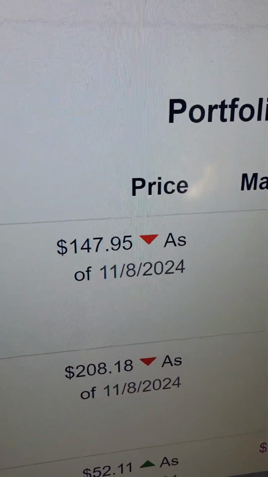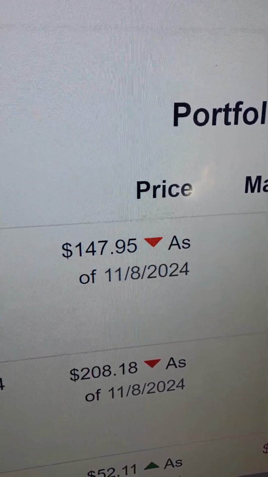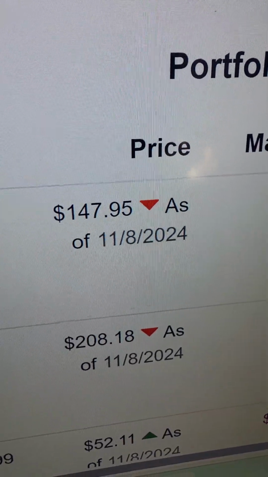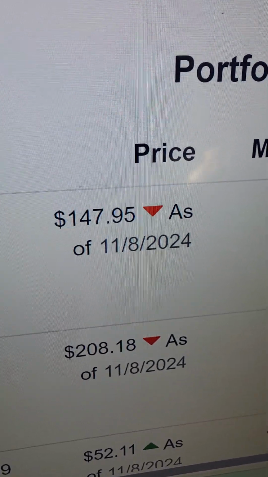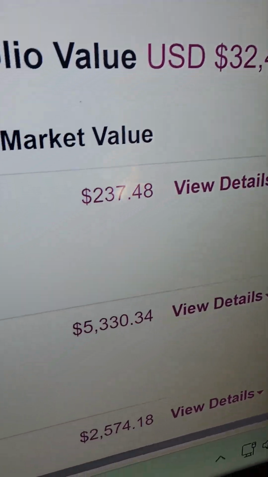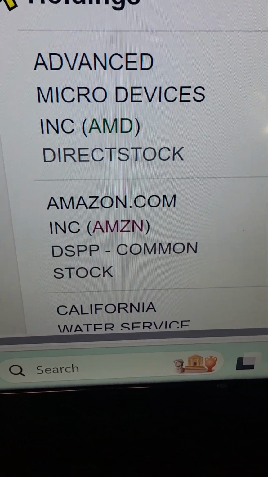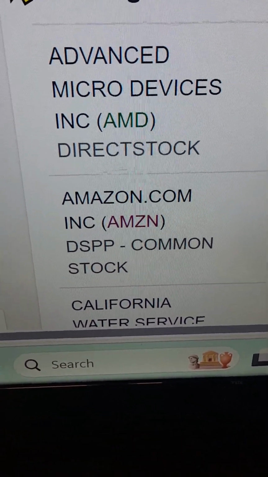The price per share, green arrow is up, red arrow is down. The date, which was Friday as of the close of business, so they do this every day. Market value of the shares, and I'll show you a couple more so that when I'm prattling on, you can keep up.